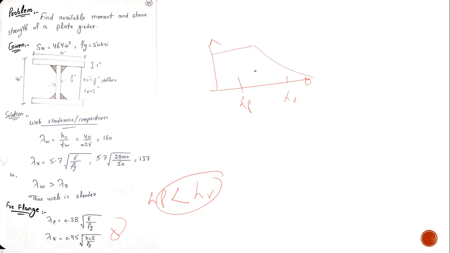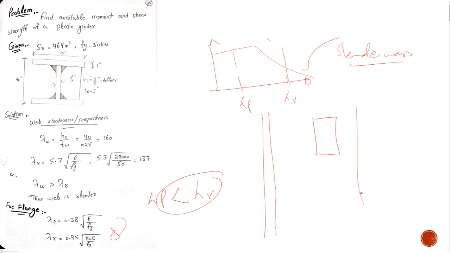So I am somewhere in the slender zone when I am dealing with my web. My web is slender, which means it is too long or too deep, and the thickness is very small. If you have two columns, for example, these two, and you apply a compressive load, you will see that this one would buckle first because it is slender.